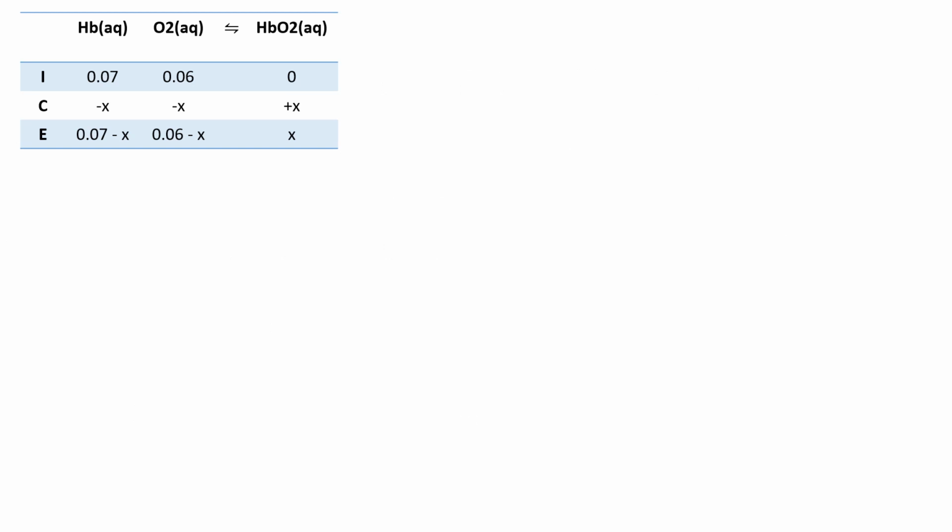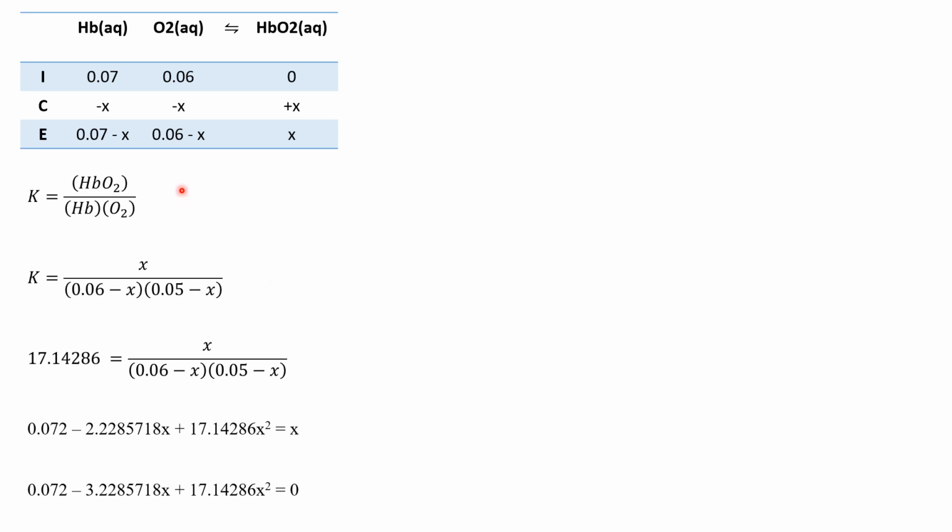So now we can lay out an ice table. And I invite you to now set up the K formula for this equation using the values from our ice table.